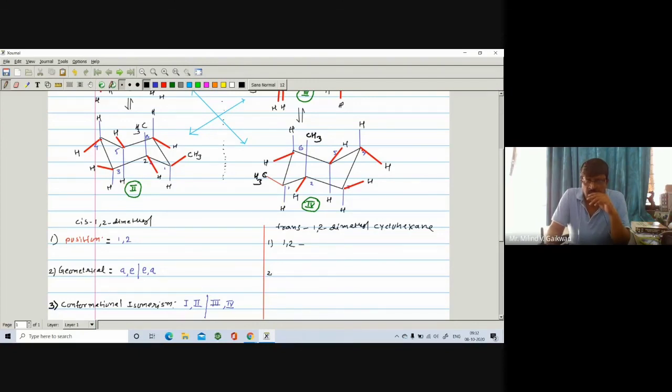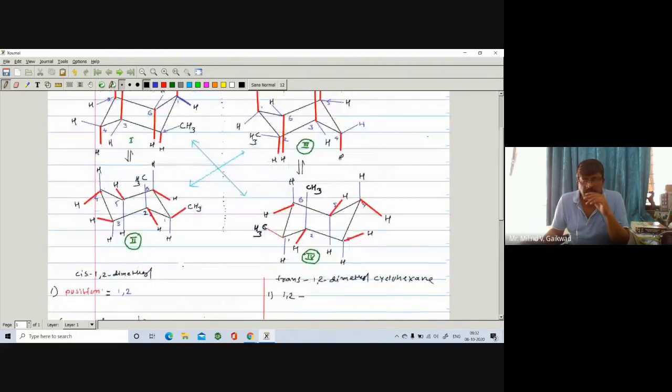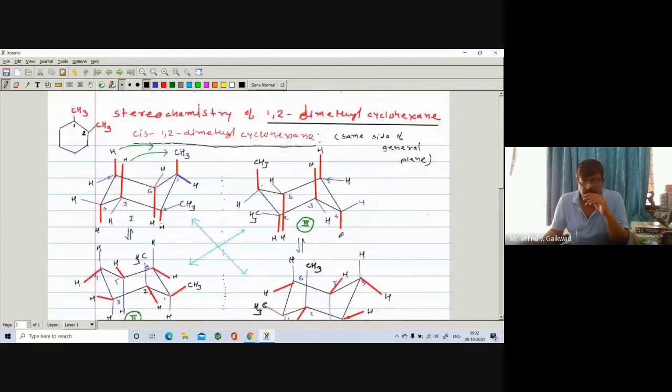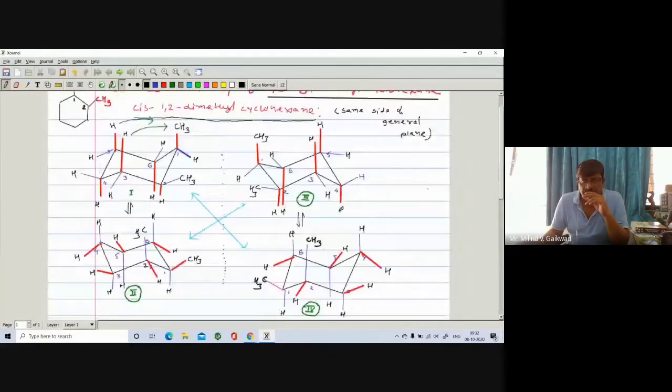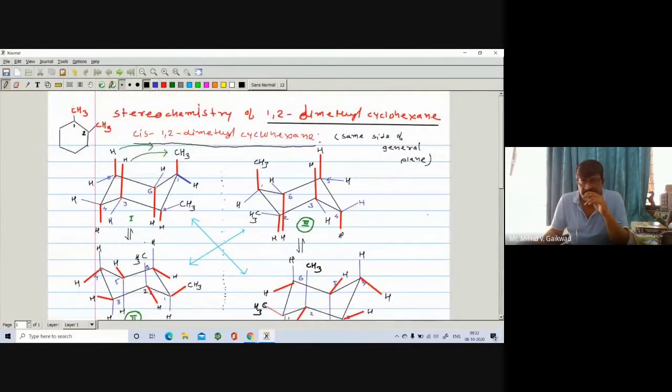Now, number 2, geometrical isomerism. If the methyl group on the carbon number 1 is axial, you have to see the trans. Means the groups there should be on the opposite side. If it is axial, here in this case the methyl group is also axial, but we want on the opposite side, means it should be also axial.